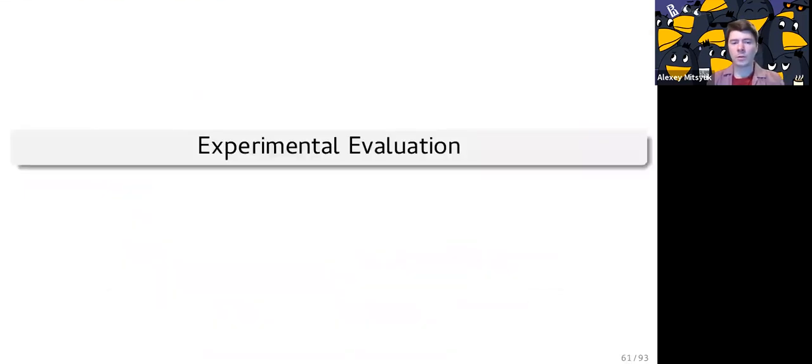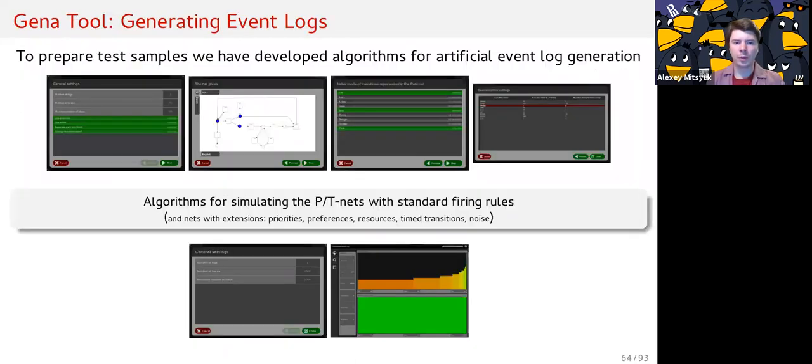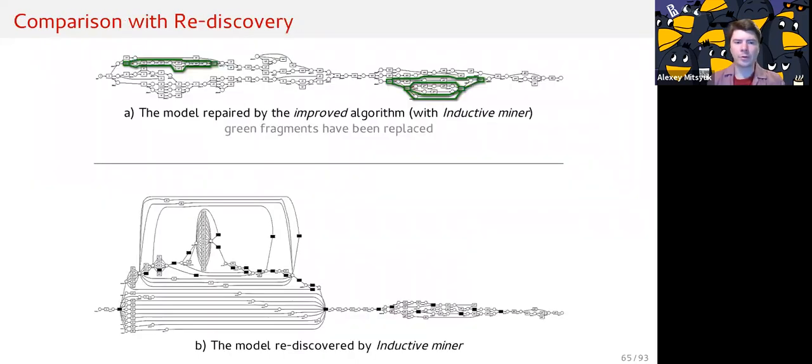We evaluated all these algorithms using such a scheme and using our event log generator to generate logs suitable for repair. So for local repairs, we obtain rather nice results in comparison to complete rediscovery.